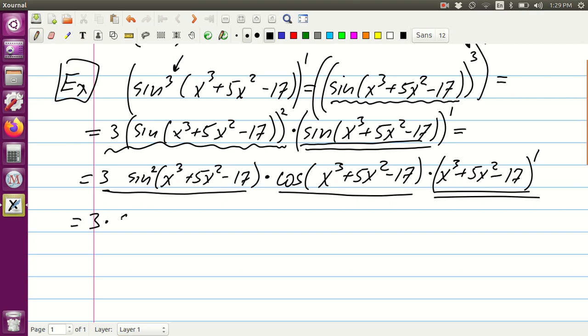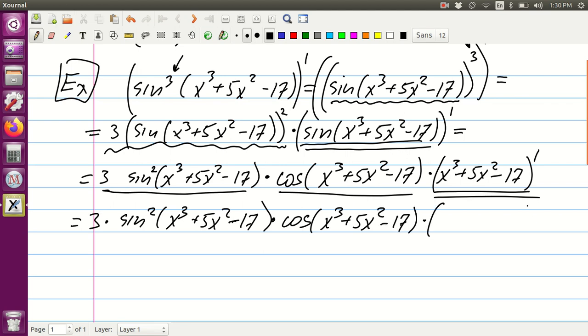So we have 3 sine squared of x cubed plus 5x squared minus 17 times cosine of x cubed plus 5x squared minus 17. And now we calculate the derivative of x cubed, which is 3x squared, plus 5 times the derivative of x squared, which is 2x. And the derivative of 17 is 0. And as we agreed before, we don't really need to simplify. So that's our expression for the answer.